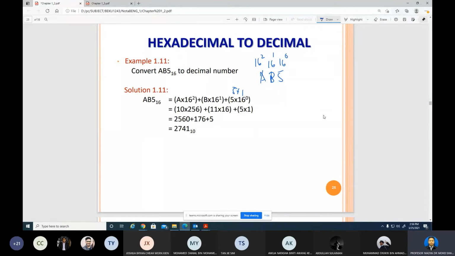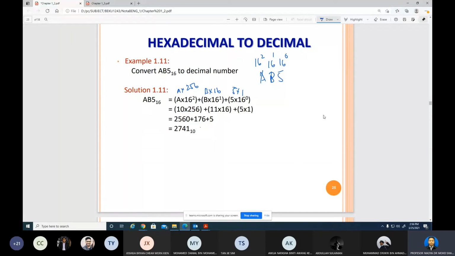Then B, which is 11, multiplied by 16, and then A, which is 10, multiplied by 16 power of 2, which is 256. Then you total up the sum of these numbers, so the decimal number is 2741.